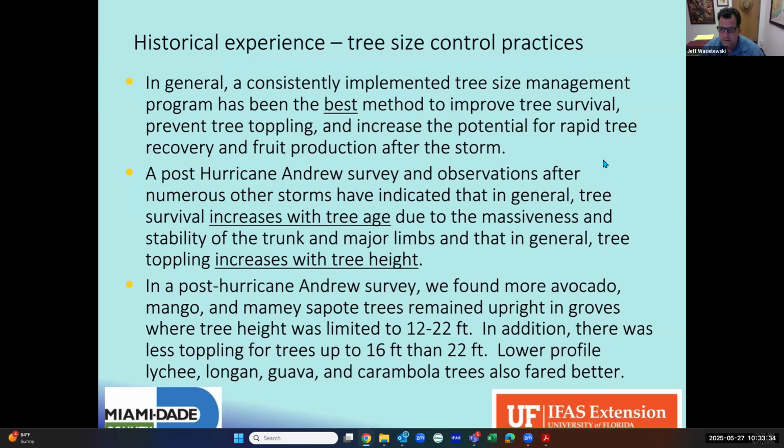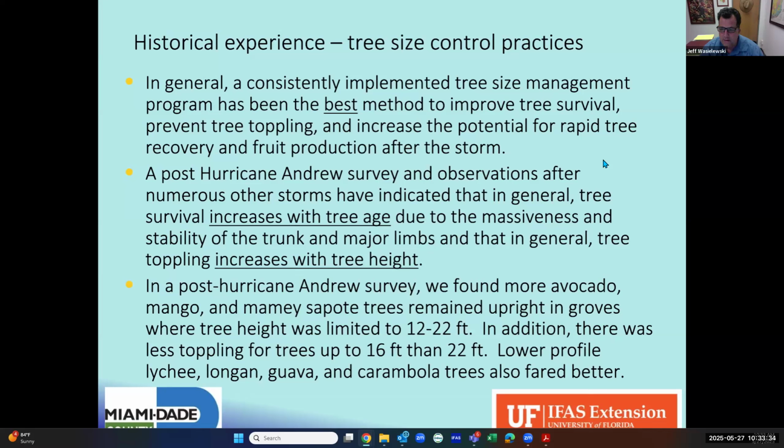Yeah, so this is just a little bit of the historical experience with tree size control practices and the results from a hurricane, right? So if you're consistently implementing a tree size program, you're going to improve tree survival.